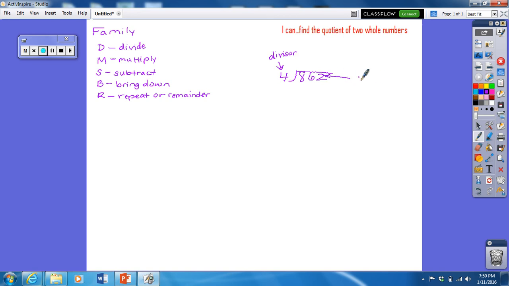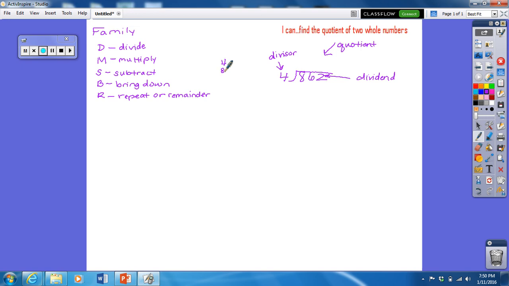This is our dividend, the number inside the house. And the number we write up here is our quotient, or the answer to the division problem. So to start out, we do the divide step, and we list the multiples of our divisor, which is 4.